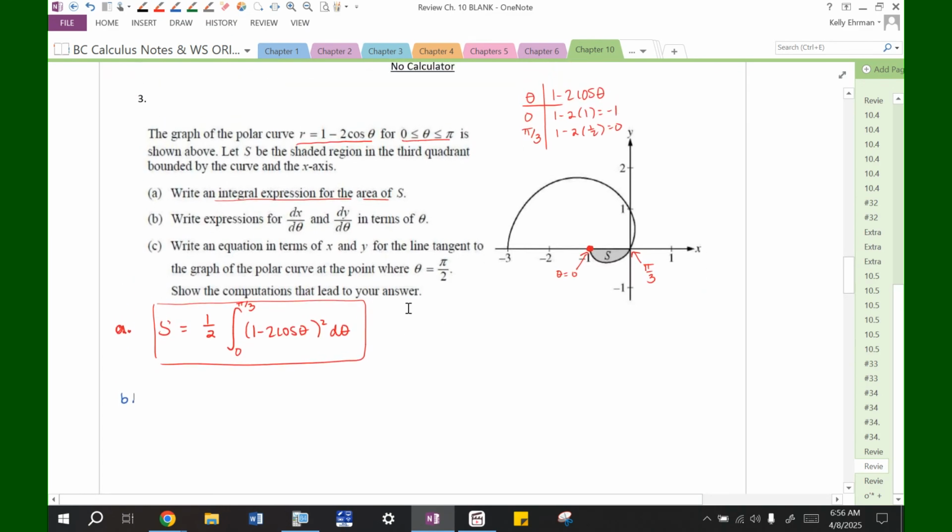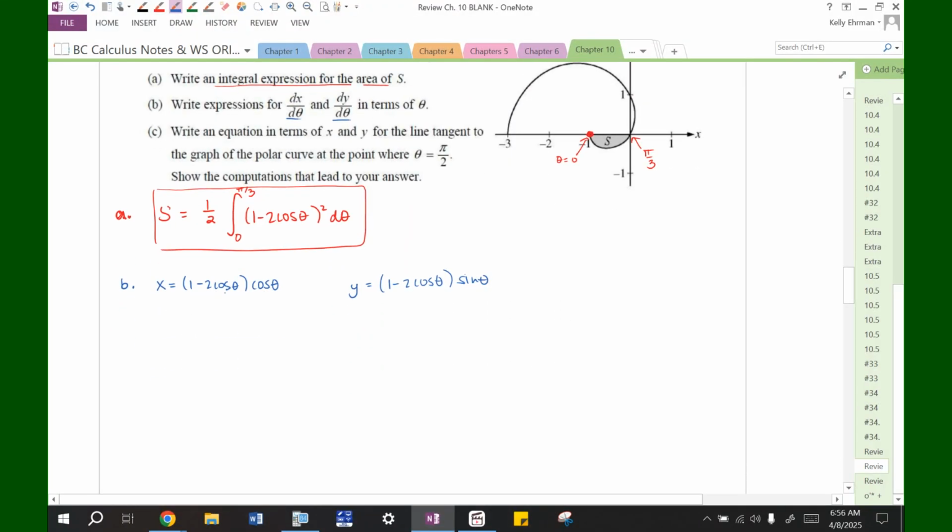Write expressions for dx d theta and dy d theta. All right, so this goes back to knowing that x equals r times cosine theta, and y is equal to r times sine theta.